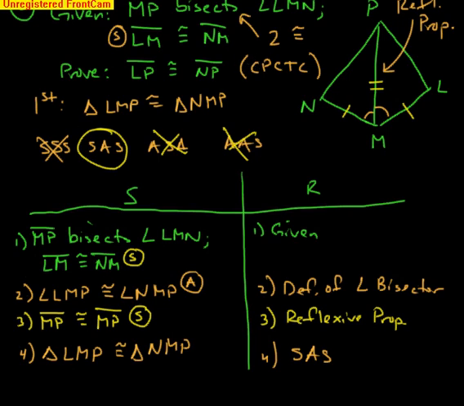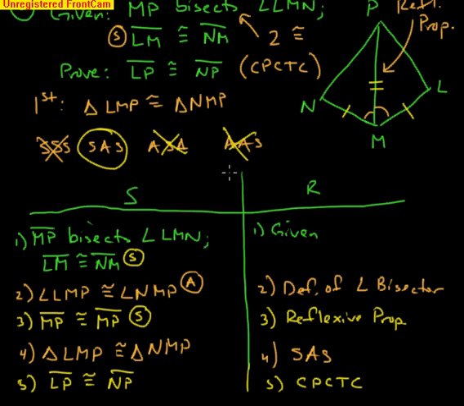So we can now use CPCTC to say that segment LP is congruent to segment NP. So our fifth and final step, segment LP is congruent to segment NP, and that is going to be by CPCTC.